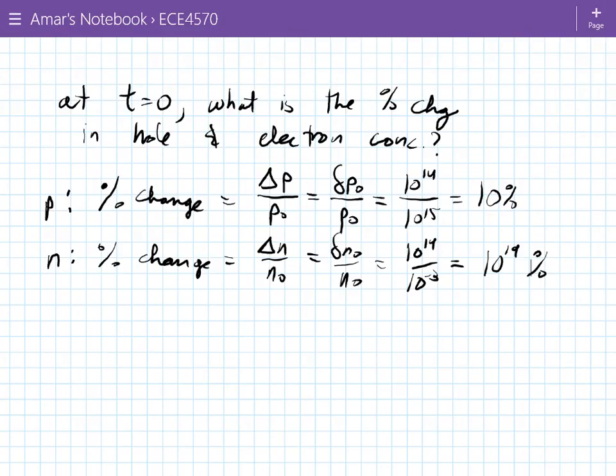Yeah, that's a good point. I know that it is possible for them to have different recombination rates, because electrons and holes behave differently in the crystal. So the probability of an electron colliding may be different in some crystals than the probability of a hole colliding.